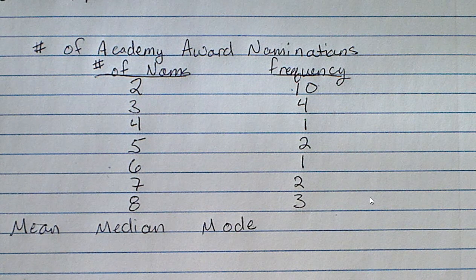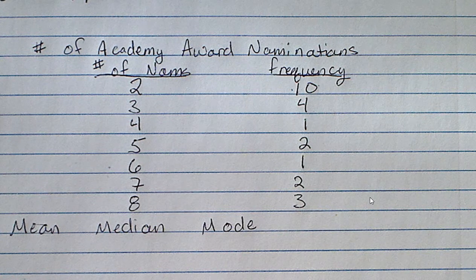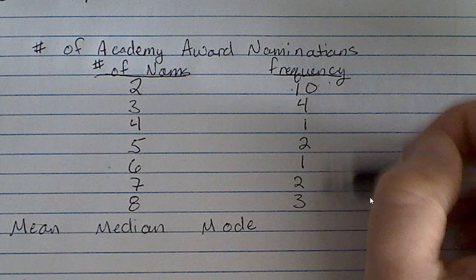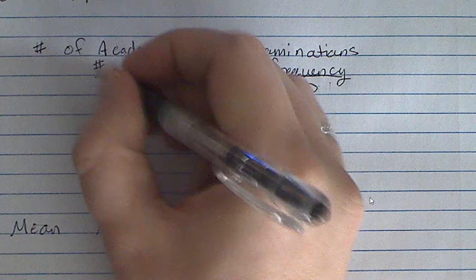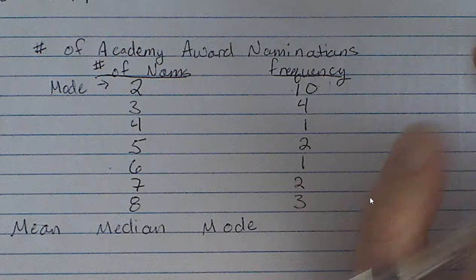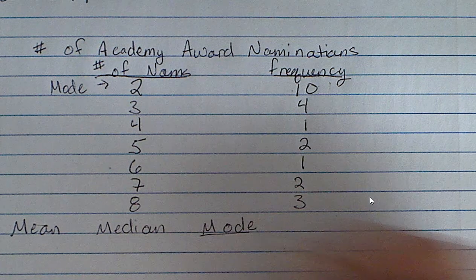So you guys remember what the difference between these 3 things are? The mean is the average, the median is the middle number, and then the mode is the most frequently occurring. So which one of these numbers is most frequently occurring? 2. So that would mean that this one right here is the mode. Okay, cool. It also happens that mode is the most garbage statistic, but we found it.